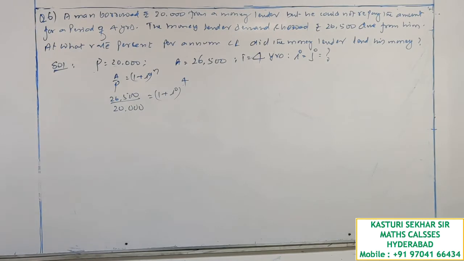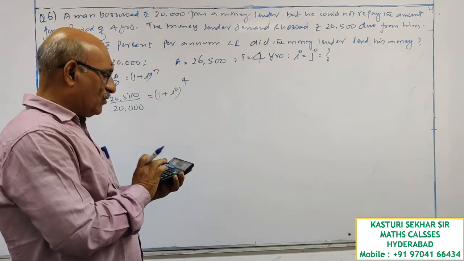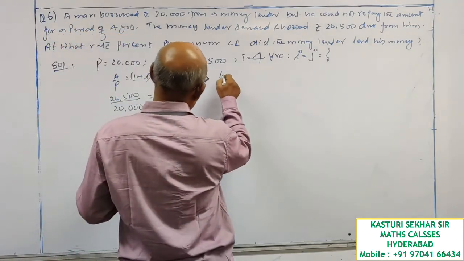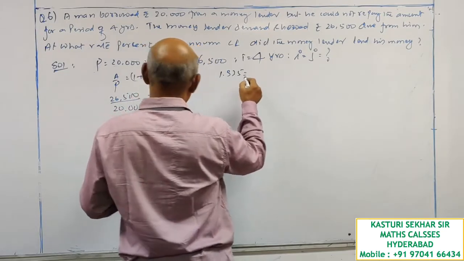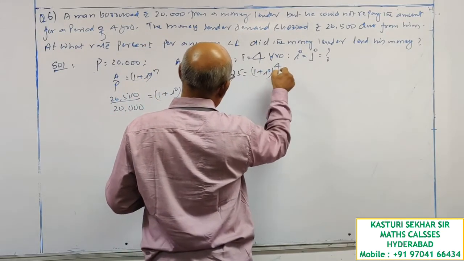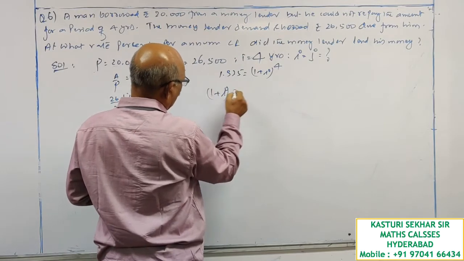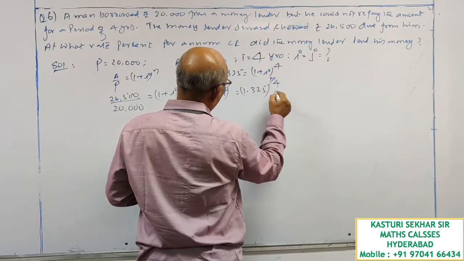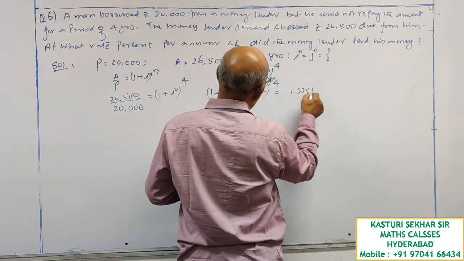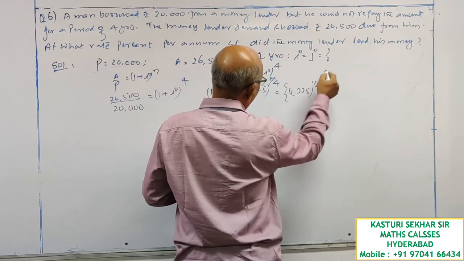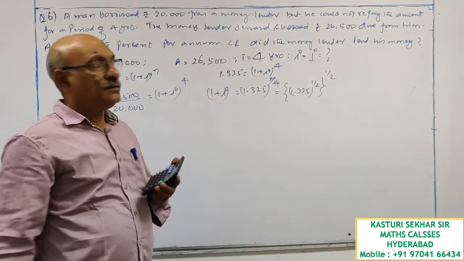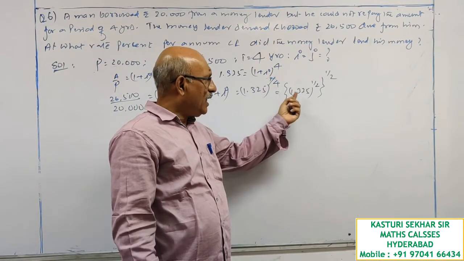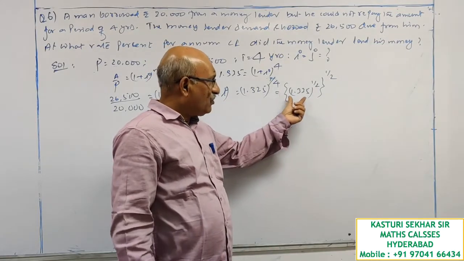So let us see the calculator. 26,500 divided by 20,000 is 1.325. 1.325 is equal to 1 plus I whole power 4. 1 plus I is equal to 1.325 whole to the power 1 by 4. This is 1.325 whole power half, again half. 1 by 4 I am writing, a power x whole power y.